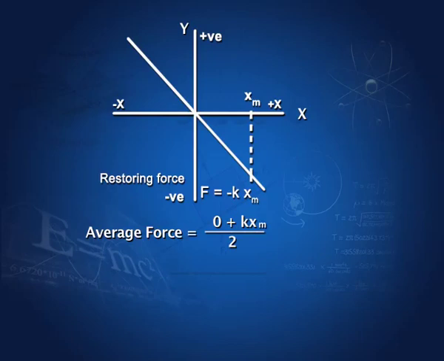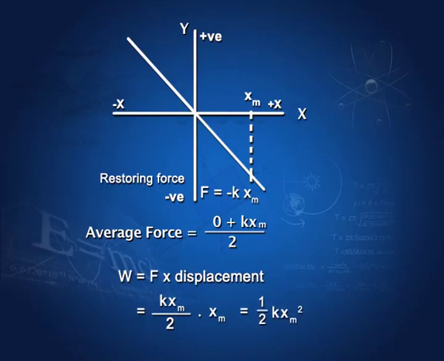And how much work would be associated with it? Force into the displacement from our previous knowledge, and this would give us k x m by 2 multiplied by x m. This value is half k x m square. This is the energy that is stored in the spring, and this is the energy that causes it to do work, that means, change its configuration back to its original one.